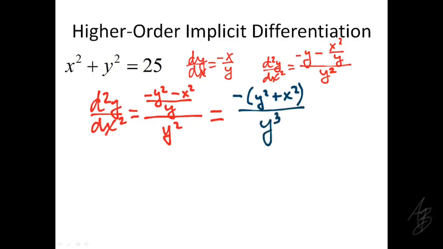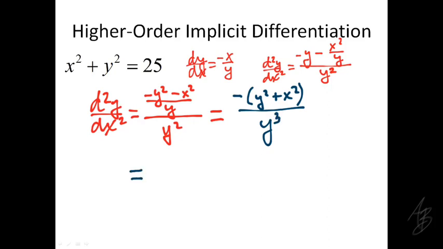Now you may notice in this expression now we have x squared plus y squared, and in the original function we knew that x squared plus y squared is equal to 25. So what we can do now is replace the x squared plus y squared in this expression with 25, because we know that that is equal to 25.